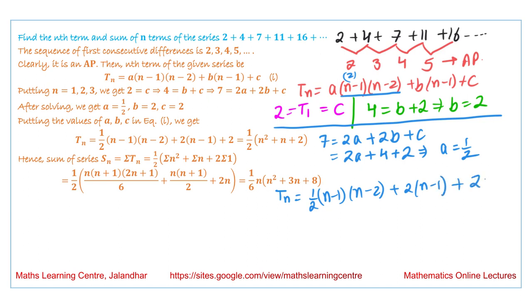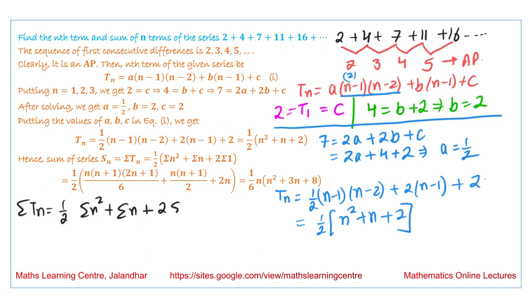So the general term is 1 by 2 into n square plus n plus 2. Now to calculate the sum of this series, sigma Tn is equal to 1 by 2 sigma n square plus sigma n plus 2 times sigma 1.